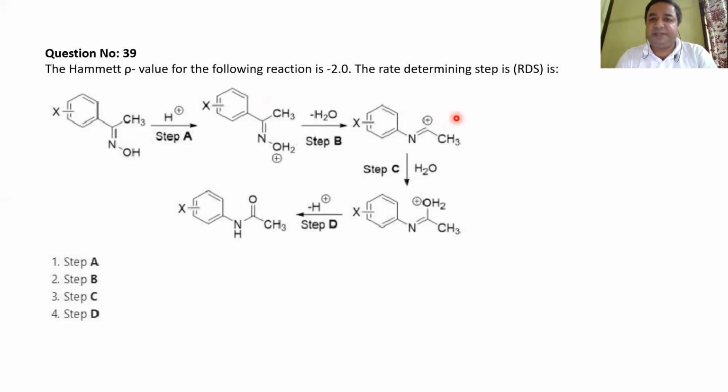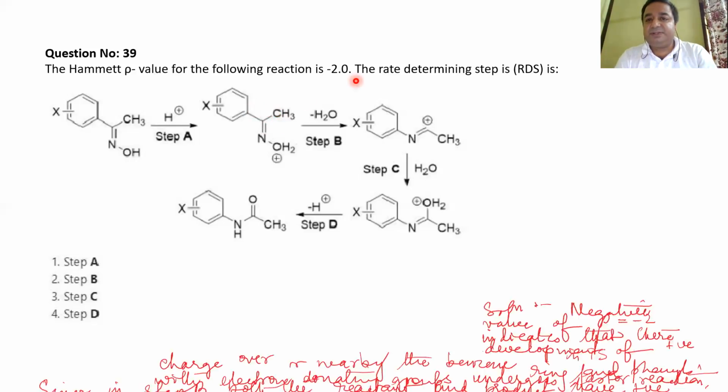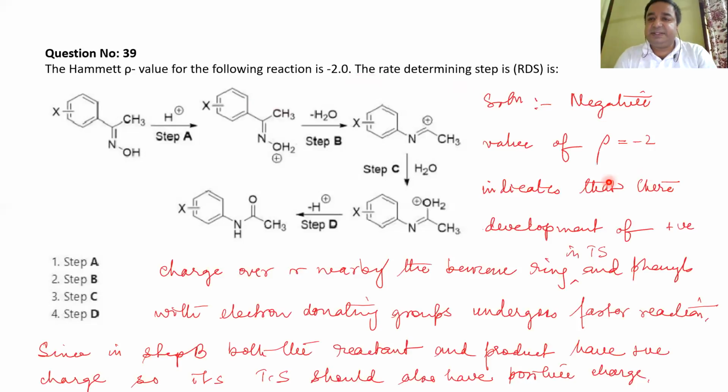Which means there is a possibility over here that the phenyl ring will have a positive charge next to it. So what really happens, we will say, is that in this particular step B, when the OH2 is going away, at the same time the phenyl which is lying trans to this OH2 group will be migrating and coming to the nitrogen.